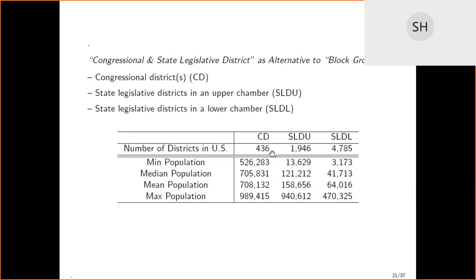Washington, D.C. counts as one of these 436. In terms of the state legislative districts in the upper chambers, there are 1,946 across the nation, and for the lower chambers, 4,785. So roughly slightly more than 7,000 entities in this category.